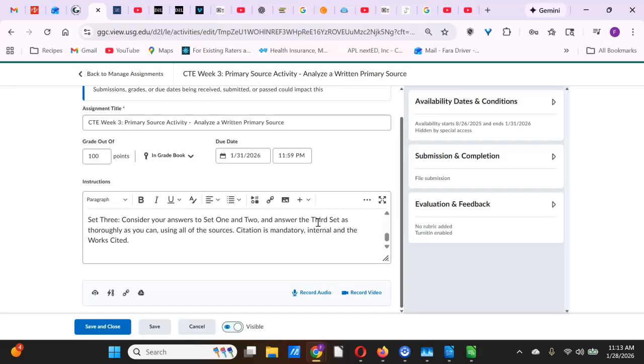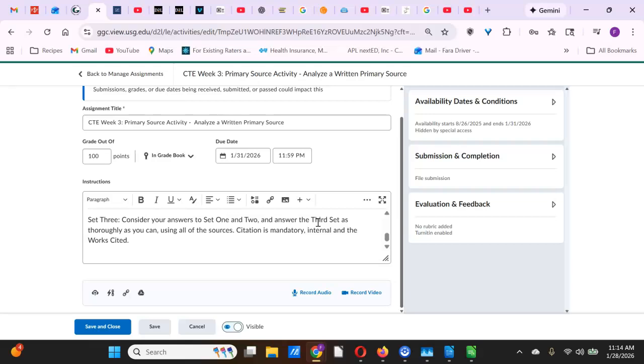You'll be using, particularly in the first section and the third section, your information from the American Yawp textbook itself, from Lepore, and from your multimedia source. Then you'll obviously be using quotes and examples from the primary source you choose for answering the second set of questions. But you can also use your textbook to help you with those, or multimedia, or even Lepore if it works for that.